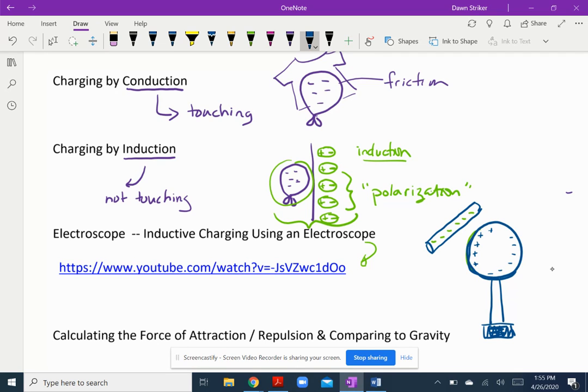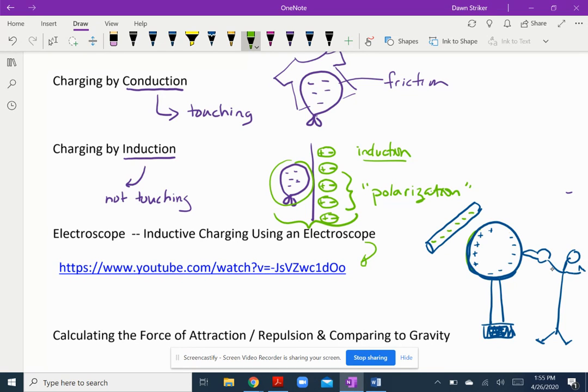Then if you bring your finger over here and touch this, here's my finger. This is my hand. This is going to be a really bad drawing. Here's my head, here's my other hand, and here I am touching the ground with my feet. I guess I have a really long torso. My finger is touching the conducting sphere on the negative side.